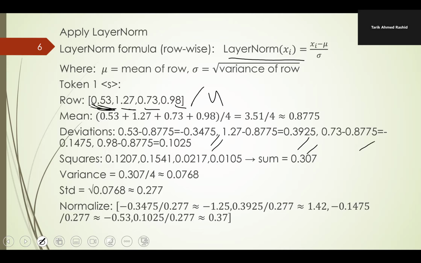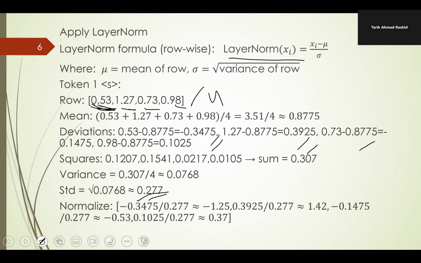Now we sum up the squared deviations and divide by 4, as we have 4 features in the array, 4 columns. So we get the variance, and the square root of the variance gives us the standard deviation. Once we get the standard deviation, we take the deviation over the standard deviation.